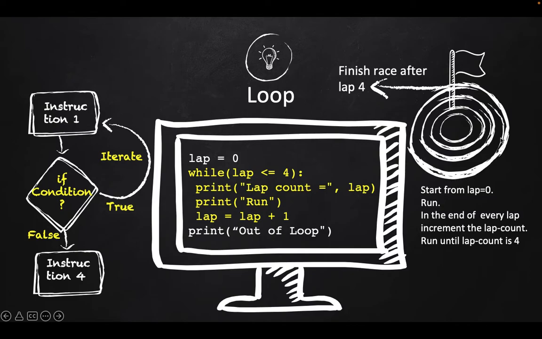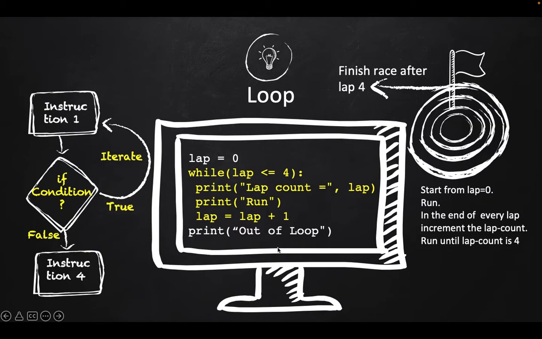Then from 3 to 4. And you have to run until the lap count is 4. Once the lap count is equal to 4, you are sure that the race has ended, and so you break the race and go straight, and your race is finished, meaning the loop is broken.